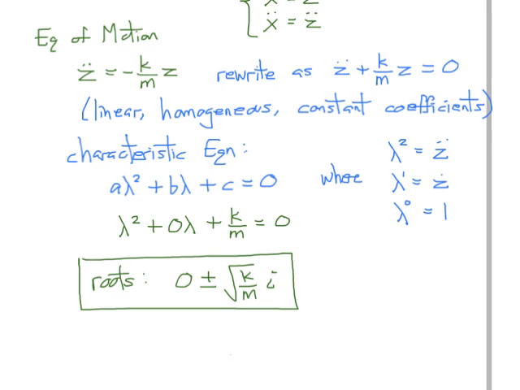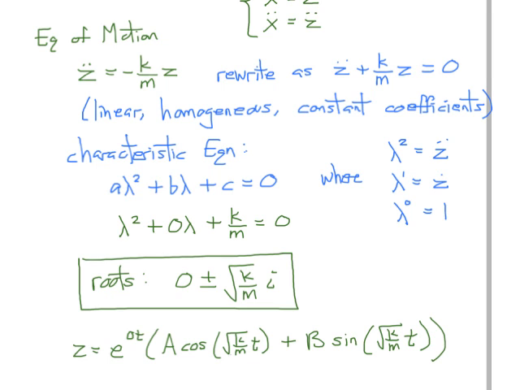You can obtain this solution by plugging into the quadratic formula, and for our complex conjugates, we get a real portion of 0, and then our imaginary coefficient is the square root of k over m. Now, when we see complex roots, this tells us that our solution is oscillating. And so now, when solving differential equations, we assume a solution form.